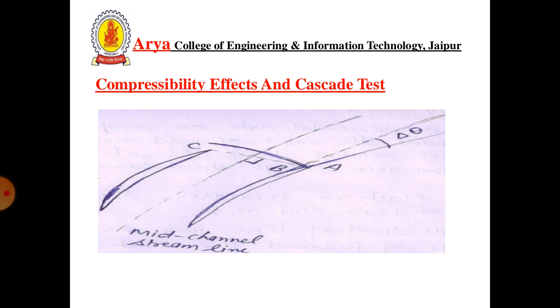A pair of double circular arc blades is entered in the direction shown in the figure, aligned with the leading edge with the supersonic velocity. When the flow along the section surface increases, the Mach number also increases.